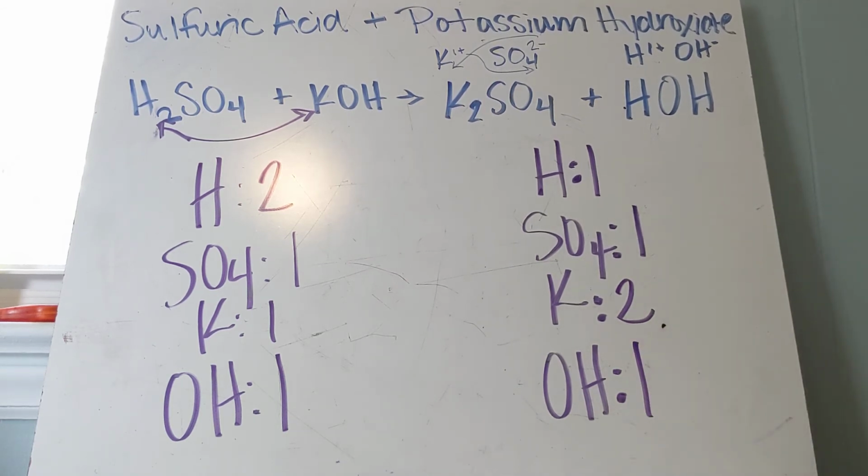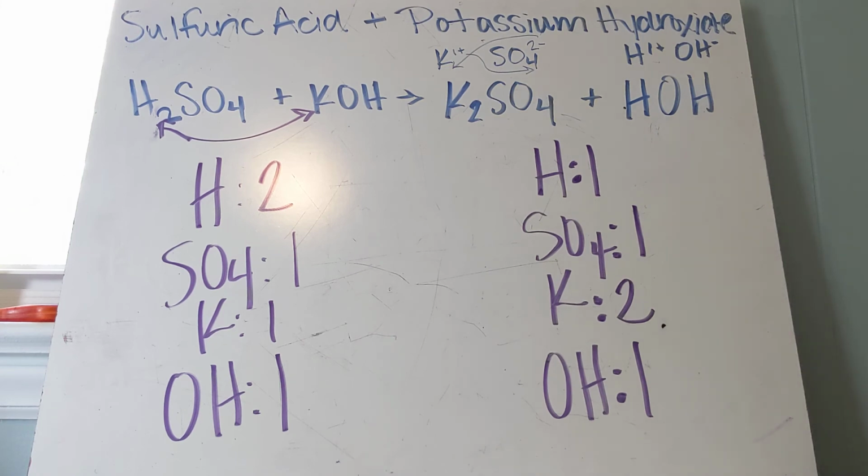Okay, so we have 2 elements unbalanced. My potassium and my hydrogen. If you remember back to when we did balancing the first time, you might remember that it is easier to balance hydrogen and oxygen last. So we're going to balance our potassium first.